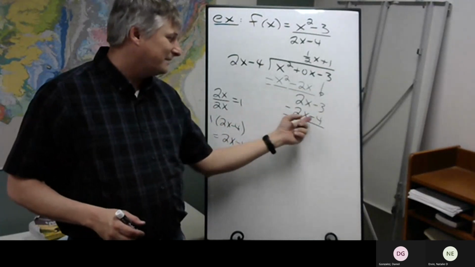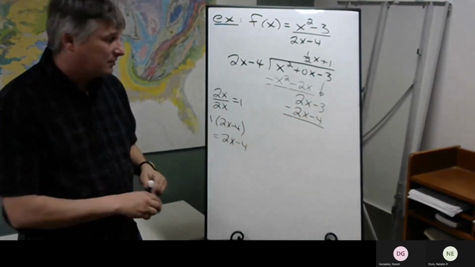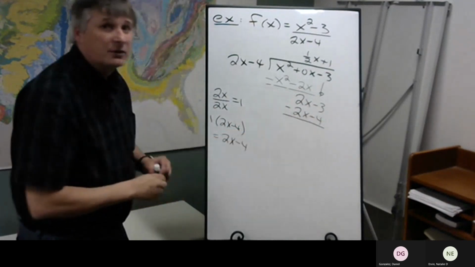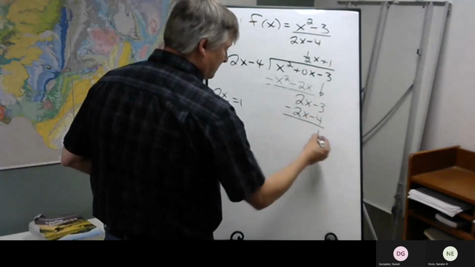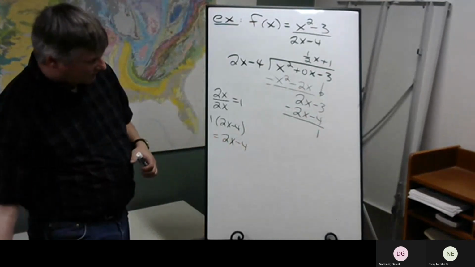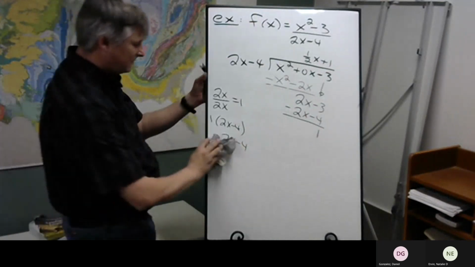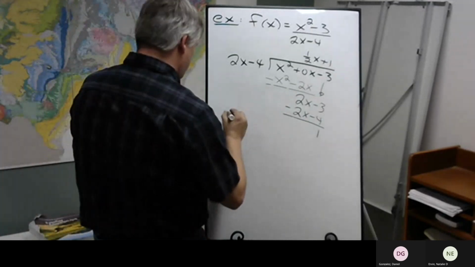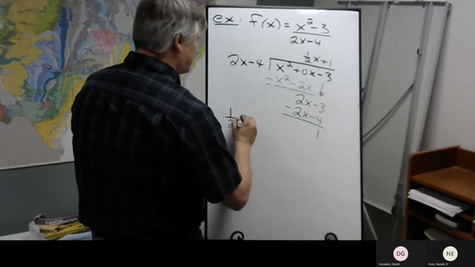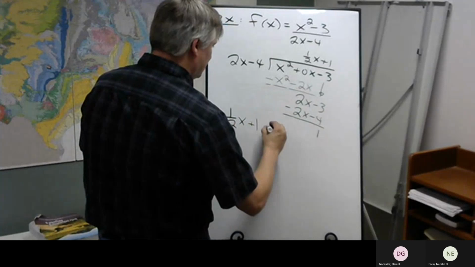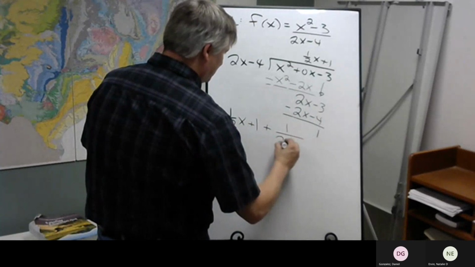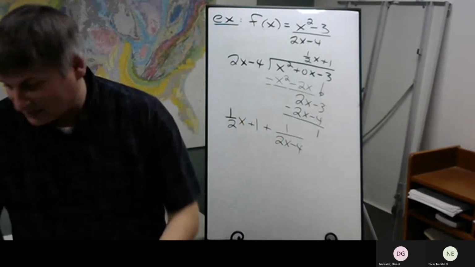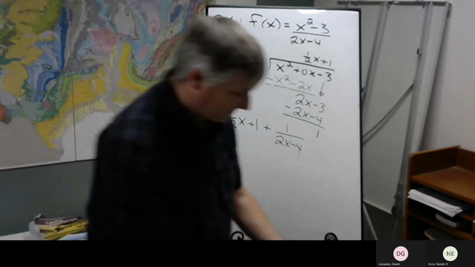Minus 3, subtract a negative, it's going to be a double negative again. So minus 3 plus 4 is 1. So that means our answer is 1/2 x plus 1 plus 1 over 2x minus 4. And so that's what we had last time.